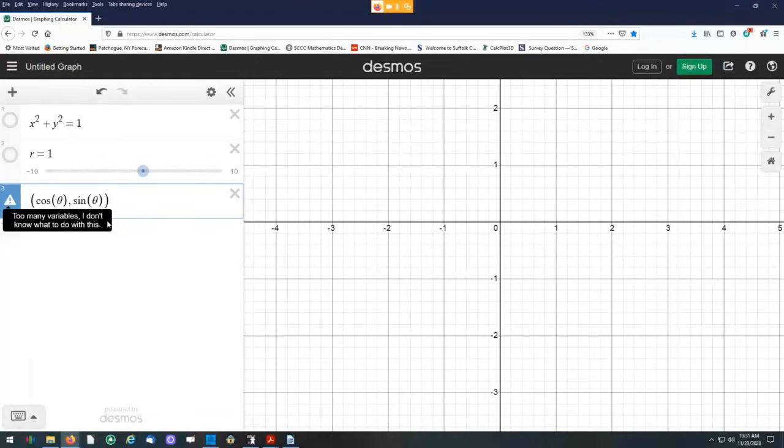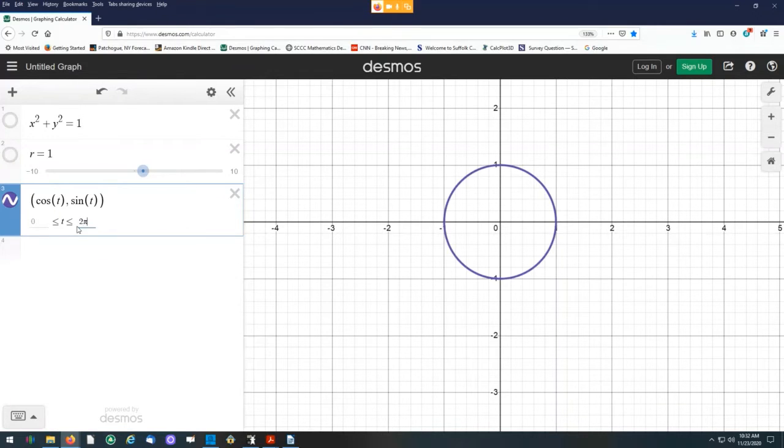Well, if I use t instead of theta, I know it will work. Let me call theta t. Yeah, it doesn't like the theta used here, so let's just call it t. And there we'll graph it. Then t is going to go from 0 up to 2 pi.